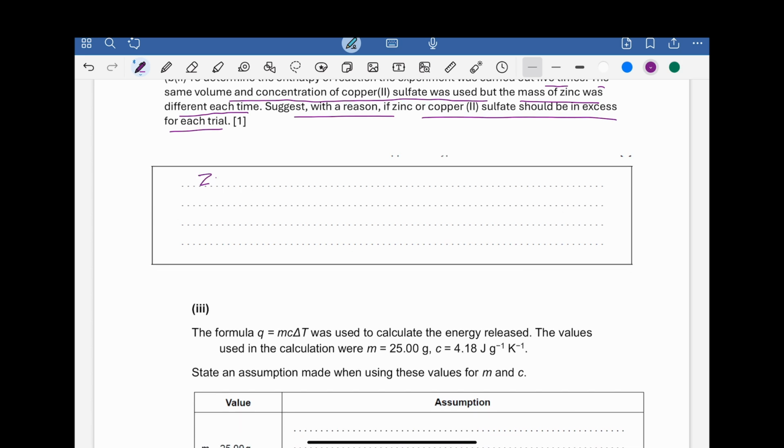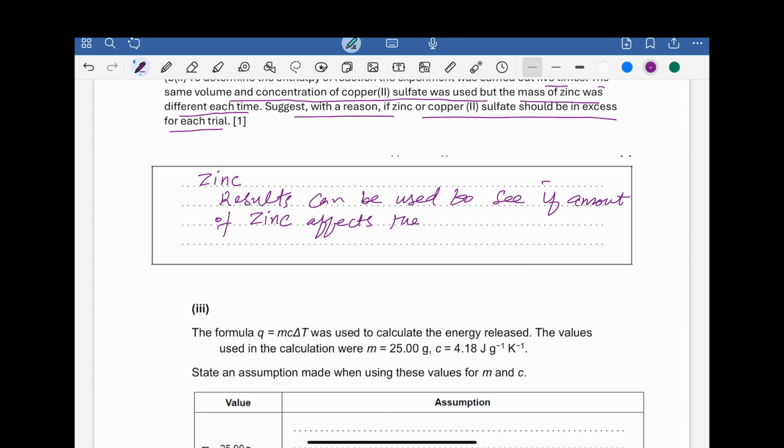I will write zinc. Results can be used to see if the amount of zinc affects temperature rise.